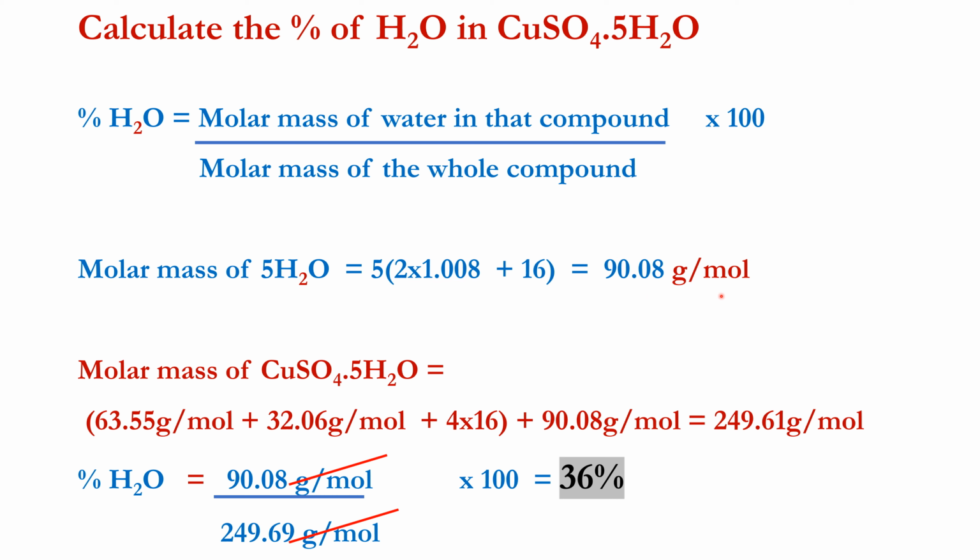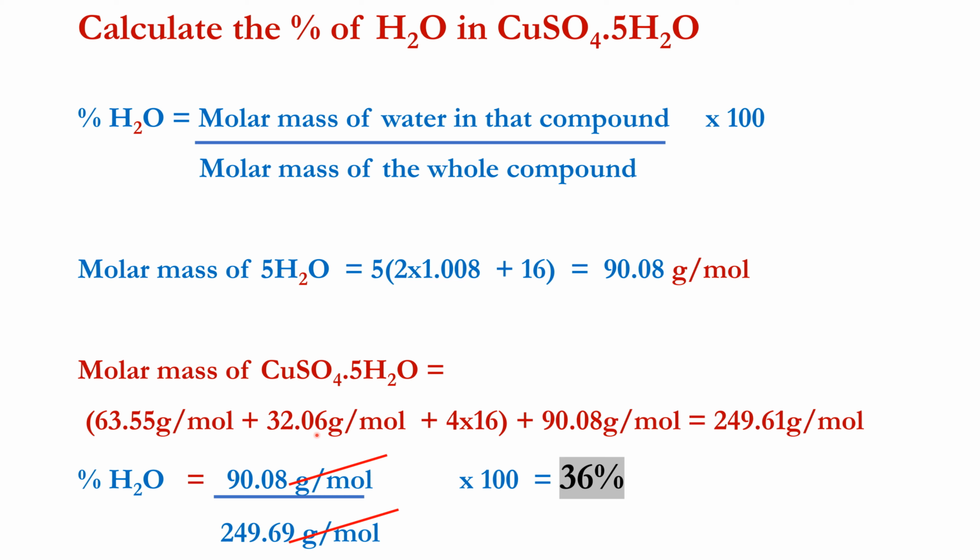The next thing is to calculate the molar mass of the whole compound, including 5 water molecules. So this is equal to 63.55 gram per mole is the molecular weight for copper, which you find in the periodic table, plus 32.06 gram per mole.